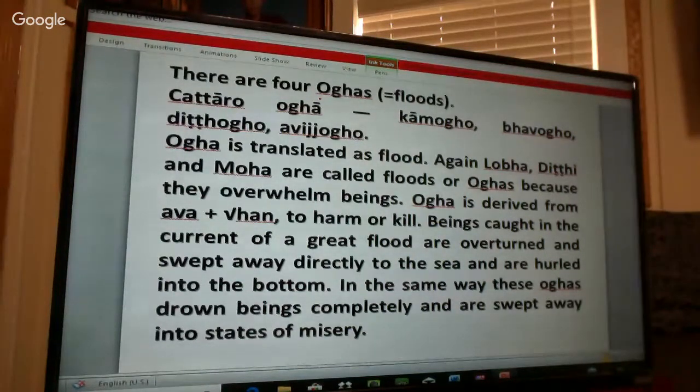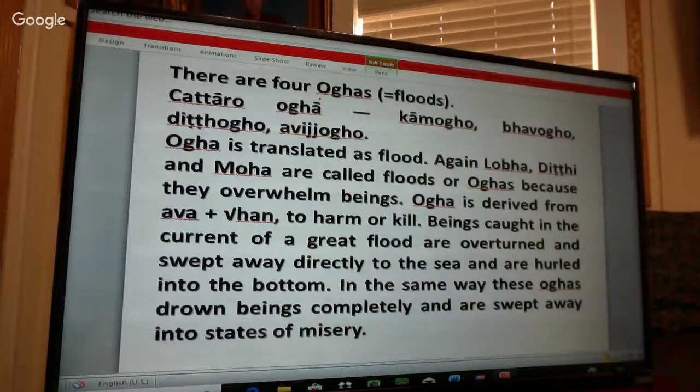But other listeners don't understand. So for the different listeners, the Buddha explained in a different name, but similar. They are not exactly the same.